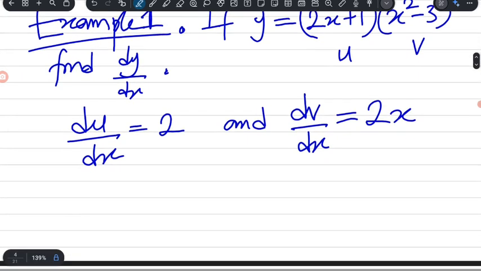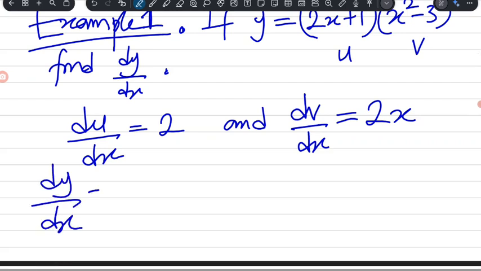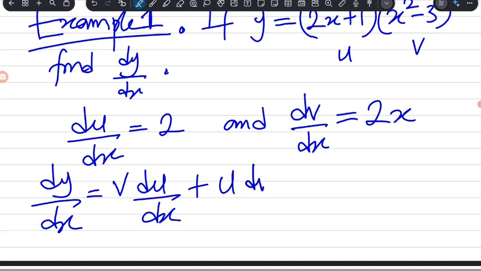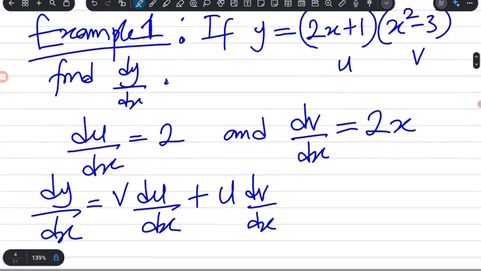In applying the formula, which is dy/dx is equal to v du/dx plus u dv/dx, let's apply it one by one.